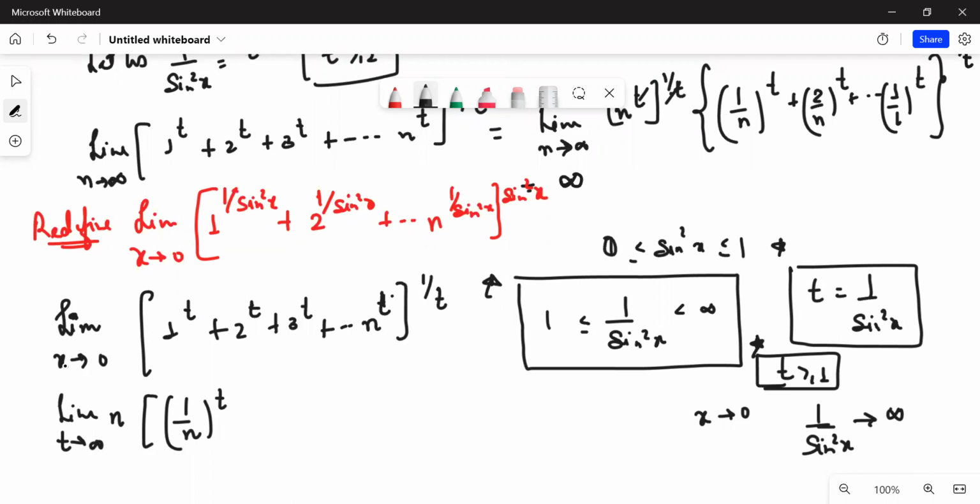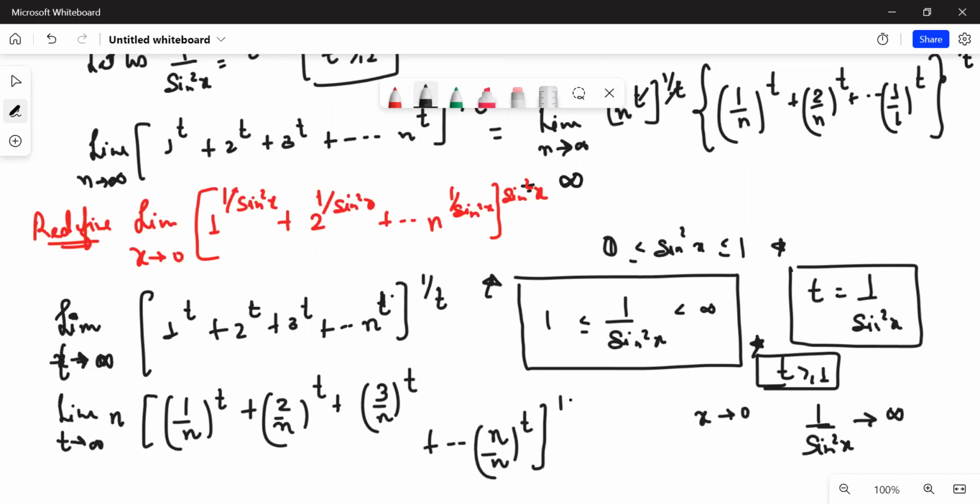Because now my limits are not on x, since I have changed the variable. If I've taken t equal to 1 upon sine square x, let us put the limit on t instead of x. So this would be 2 upon n raised to power t, and 3 upon n raised to power t, and so on up to n upon n raised to power t, and the whole raised to power 1 over t. Is that clear?